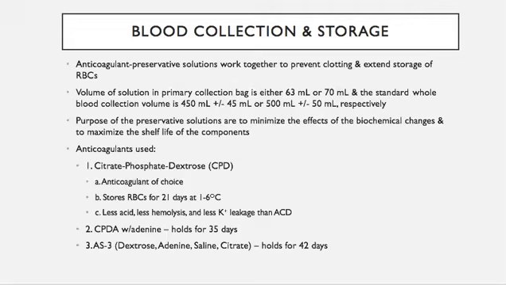There's less acid, less hemolysis, less potassium leakage than with ACD. There's also CPDA, so that's your citrate phosphate dextrose with adenine, allows the unit to be held for 35 days. AS3, dextrose adenine saline citrate, holds for 42 days.